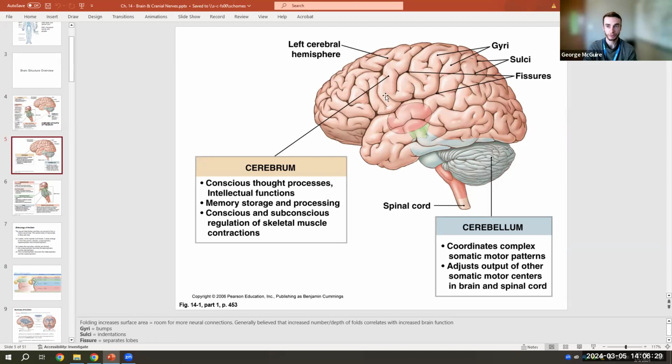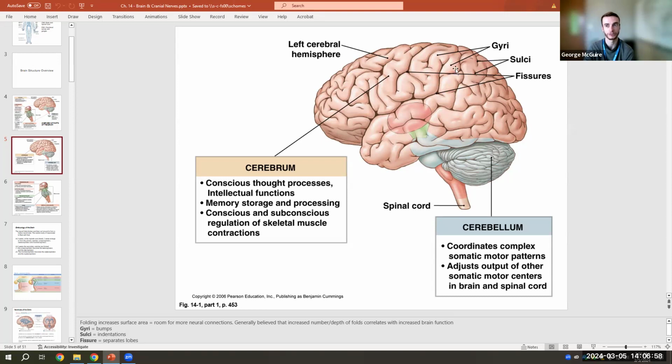So when looking at the cerebral cortex, again, this largest portion, the most recent evolutionary portion, most of our somatic, conscious type of control and sensory processing is happening in here. We have lots of folds and bumps, right? We get all this wiggly looking stuff. And those folds and bumps have their own names. So a single fold is referred to as a sulcus, or sulci for multiple folds, and there should be multiple folds, especially when looking at a human brain.